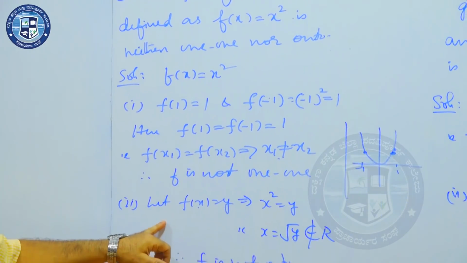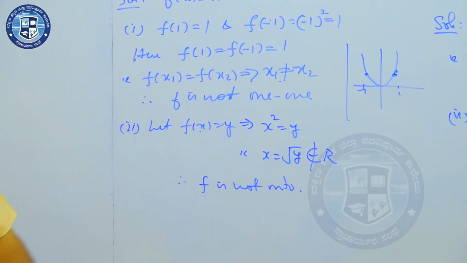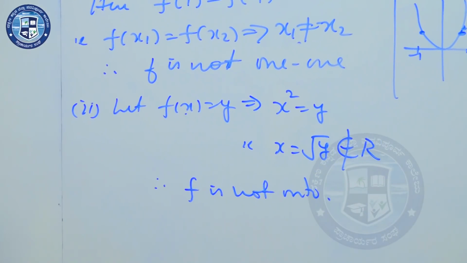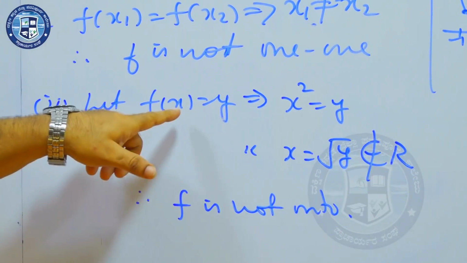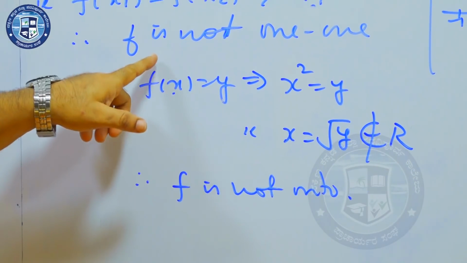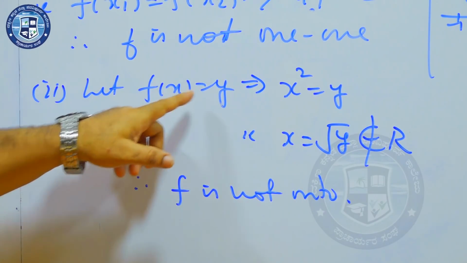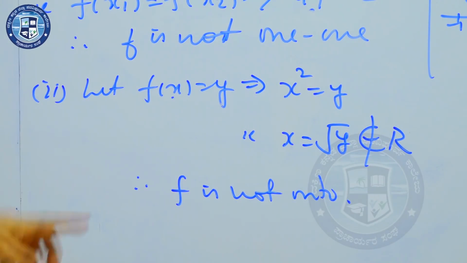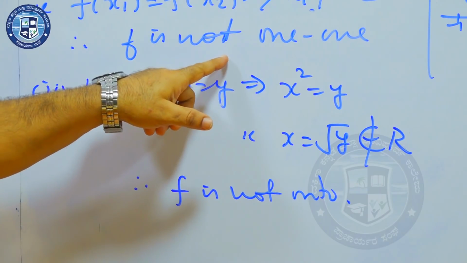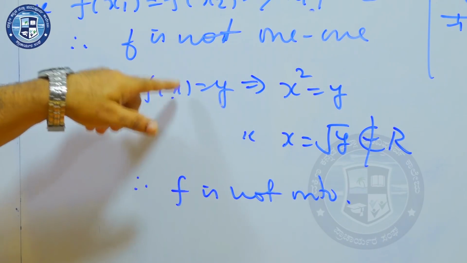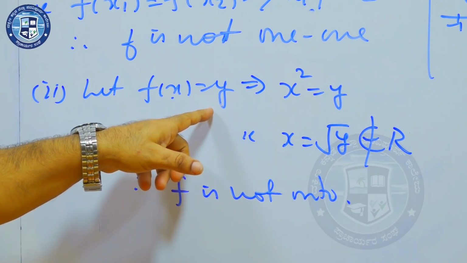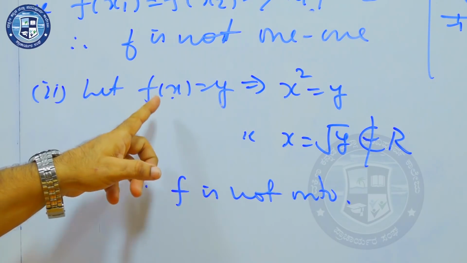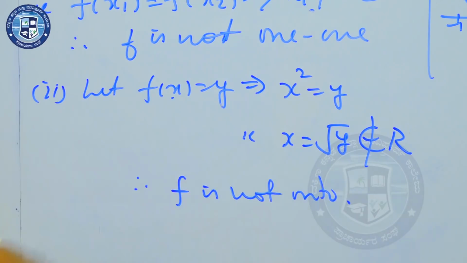And for onto, all the elements of set B are images, that is the definition. But for all y belonging to the codomain, there exists a corresponding x belonging to domain such that f of x is equal to y. So, for finding some y in codomain, x must be in domain. But here you are finding an element y in codomain, but corresponding x is not belonging to domain. Therefore, the function is not onto.